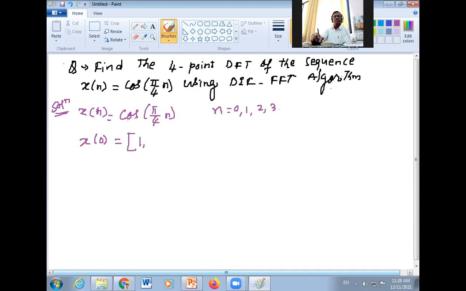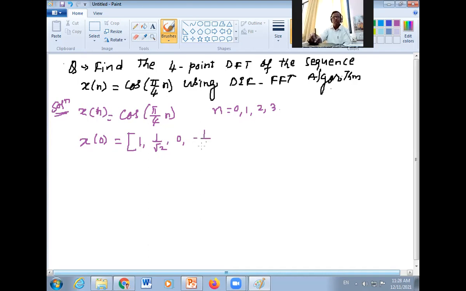At n equals 1, cos pi by 4 is 1 by root 2. Then n equals 2, cos pi by 2 is 0. Then n equals 3, cos 3 pi by 4 is minus 1 by root 2.